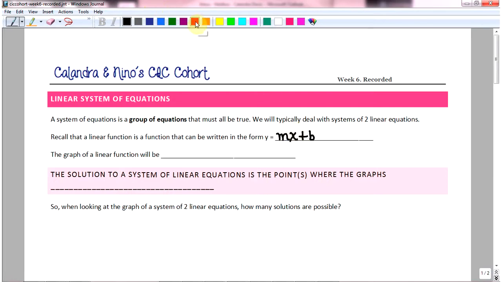So we could also write a linear function as some number times x plus some other number times y is equal to some other number, if we manipulate that equation by bringing all of the variables to one side of the equation. Okay, so that's linear. The graph of a linear function will be a straight line.